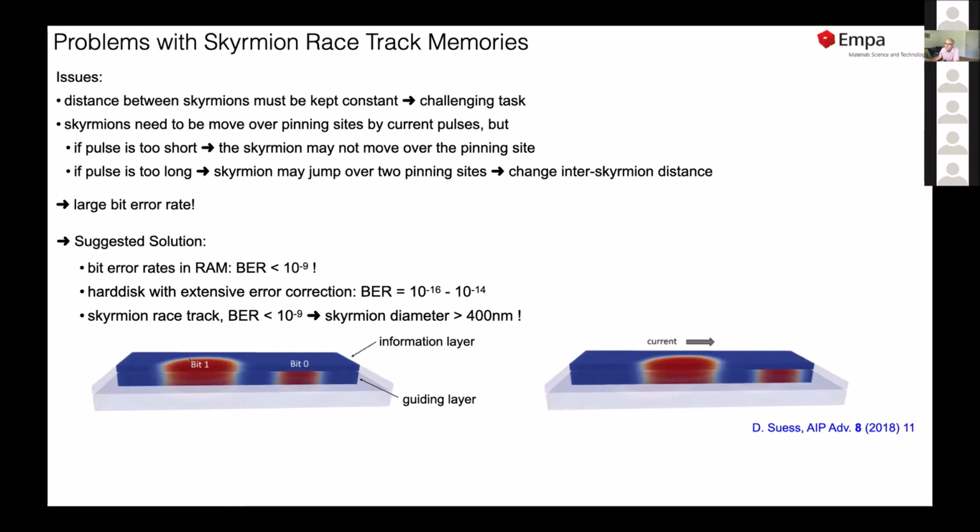And because these Skyrmions are coupled via their stray field, the chain at the bottom, which has a regular inter-Skyrmion distance, moves along the bits that are given by either having a Skyrmion or having no Skyrmion. And Dieter could show that by this principle, you can lower the bit error rate substantially, and that may be a solution for a future device.